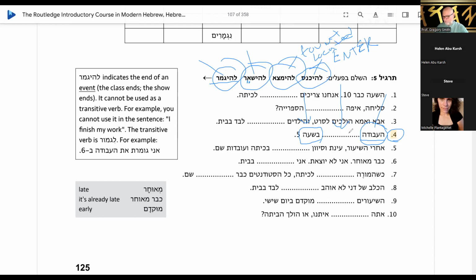So how would this work here? Let's try this here. Ha'avodah lahigamer basha'ah. Okay, so basically we're saying the work to be over in the hour, or simply saying the work is over.